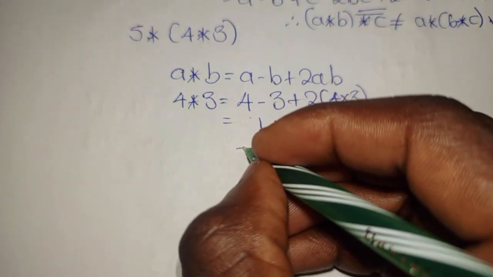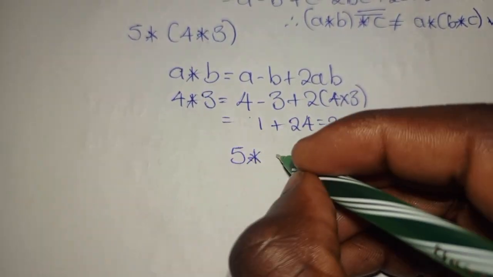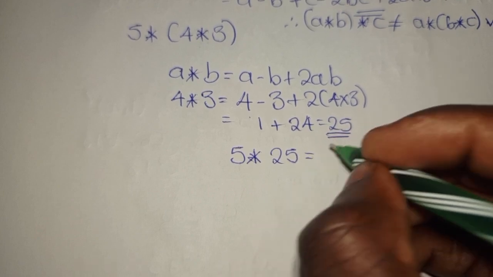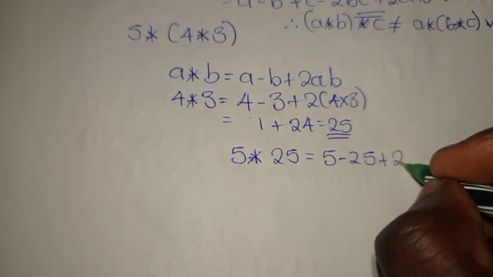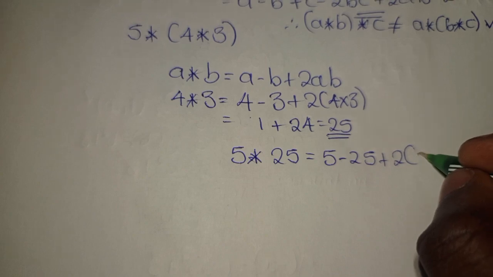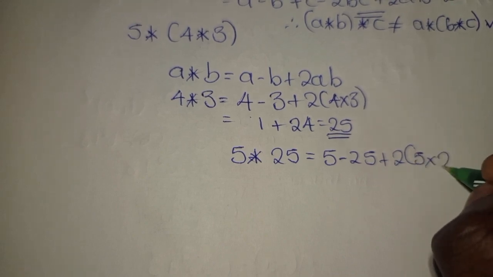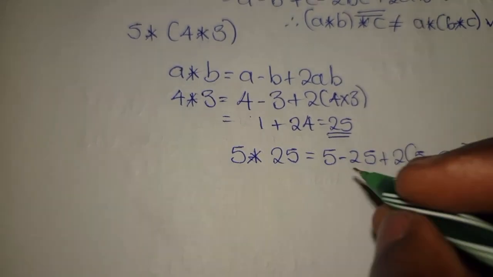So remember the 5 comes first, so you have 5 star 25, which is equal to 5 minus 25 plus 2 times 5 times 25. So this is the expression that we have.